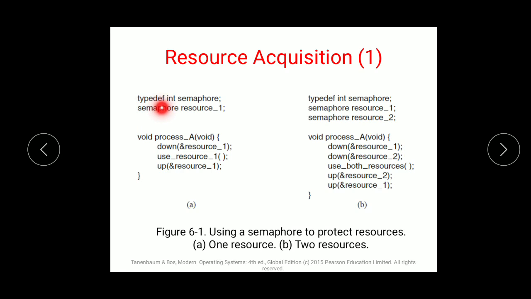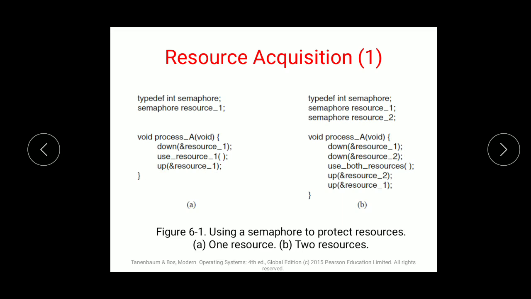The type definition is int semaphore. A semaphore is an integer variable, not your normal variable. Int means it will have numbers starting from 0 upward. So semaphore resource 1 is described. They have made a process, process_a, which has down resource 1, use resource 1, up resource 1.